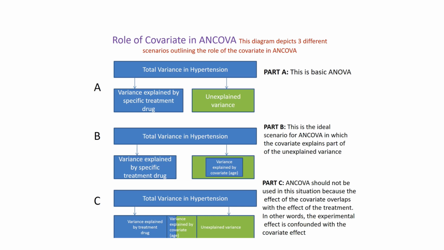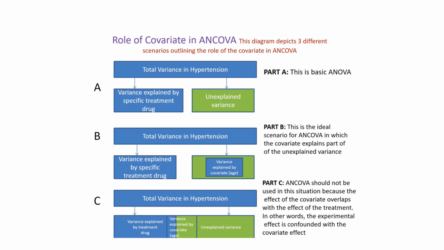And for part C, ANCOVA should not be used in this situation because the effect of the covariate overlaps with the effect of treatment, which means the experimental effect is confounded with the covariate effect. So in this scenario, let's think of a pharmaceutical company testing the effectiveness of a new drug in reducing blood pressure in patients who are diagnosed with hypertension.